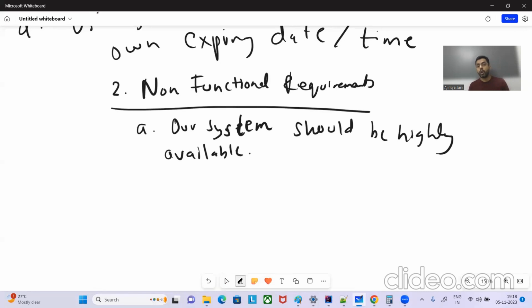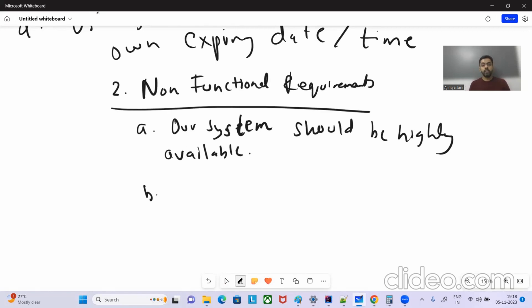Our system should always be up and running to provide the short URL, and given a short URL by the user, our system should always be able to redirect to the original URL. This is one of the main non-functional requirements.